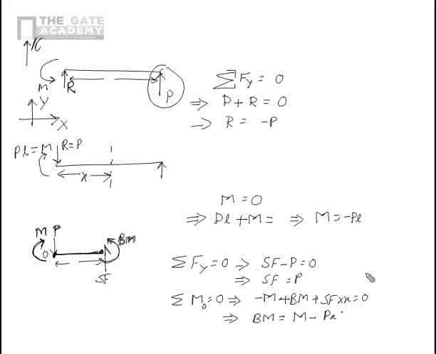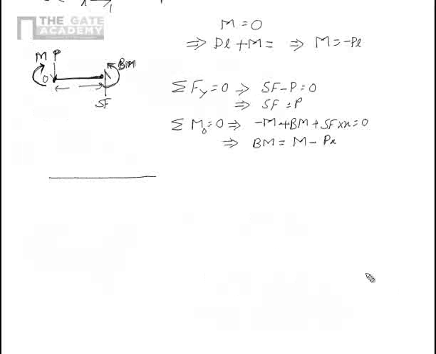Now let's draw the diagram for shear force and bending moment. So this is the whole beam, this is O and this is point A, and let's see how is the shear force.